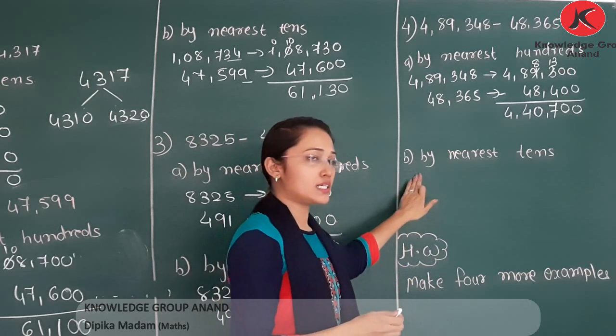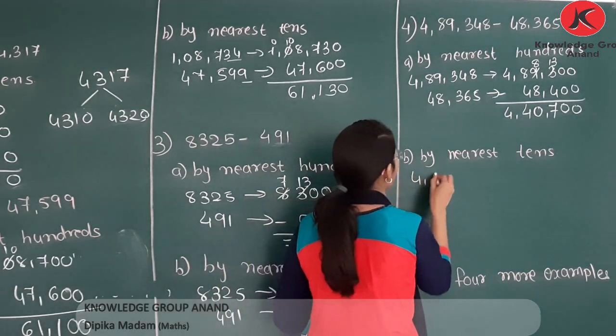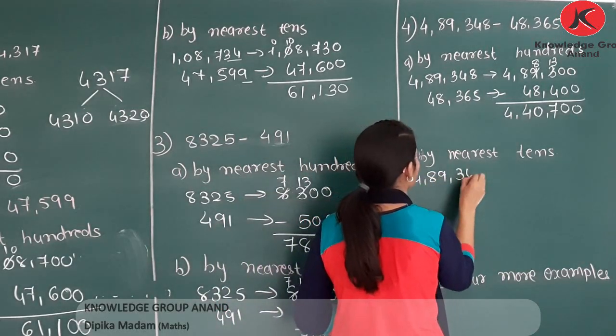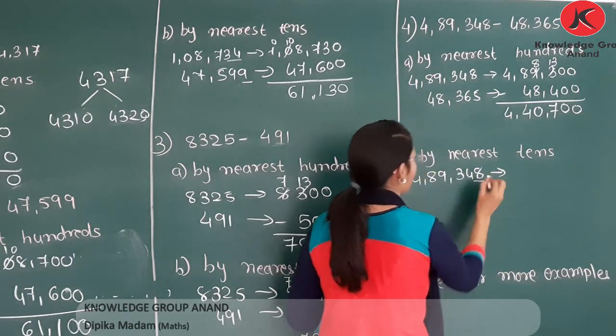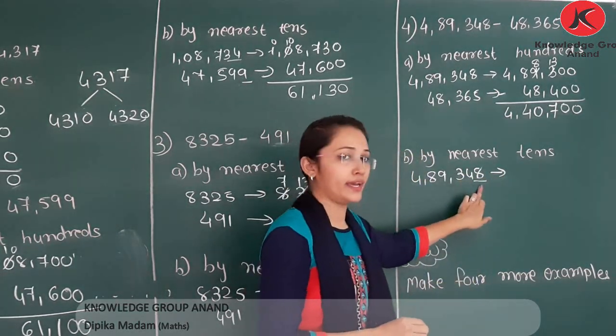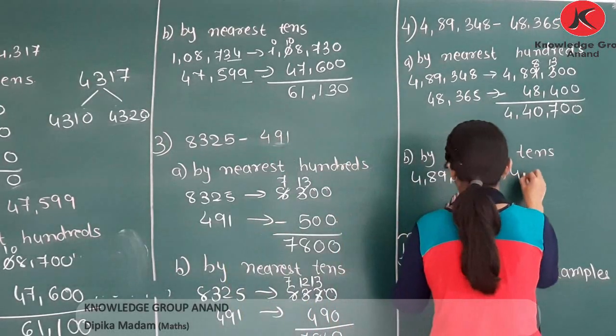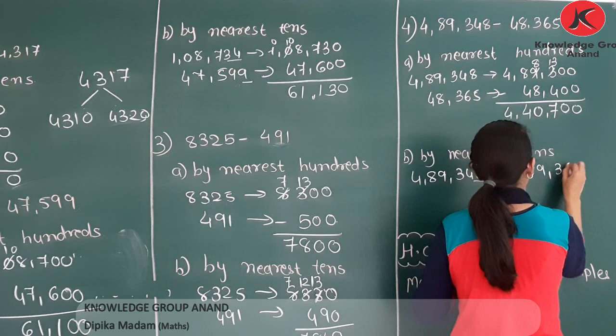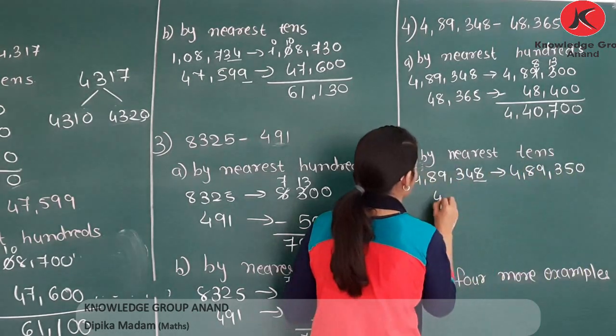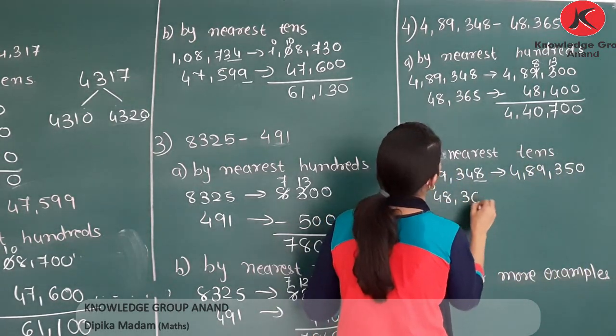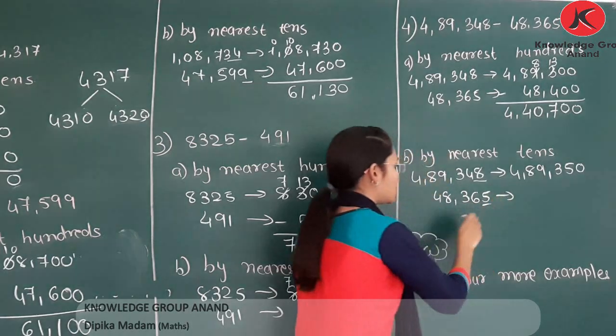Now nearest tens. Looking at the last digit, it is between 40 and 50. The nearby value is 50. The last digits are 65.